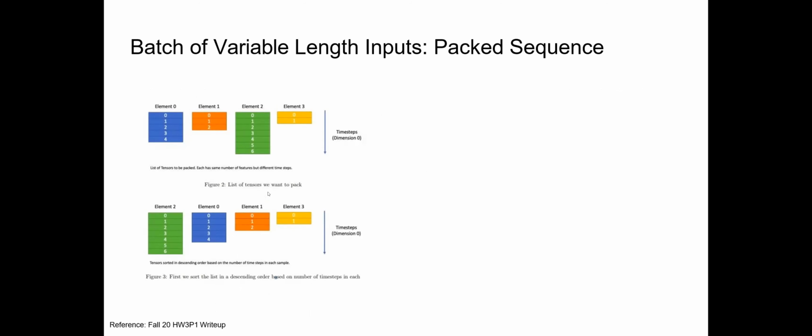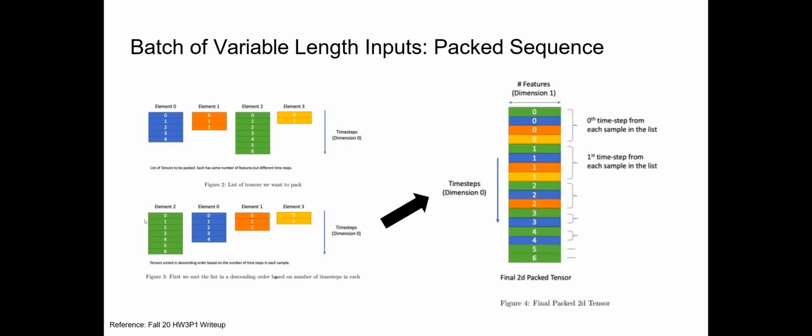What packing does is it sorts them in descending order, like you can see in figure 3, and it arranges them in this manner: the zeros of all these elements are stacked first, then all ones, then all twos, and so on.